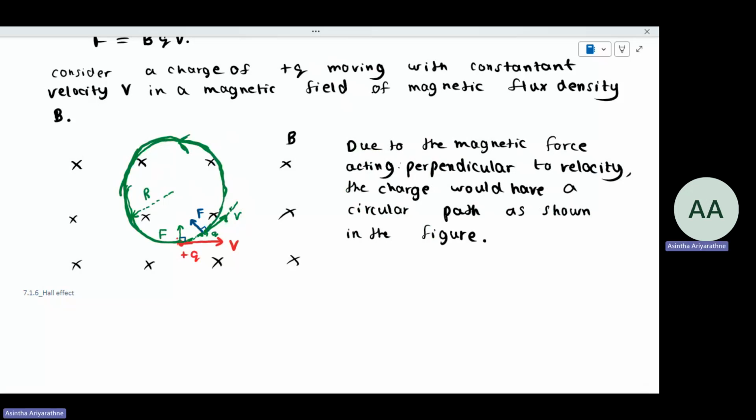This magnetic force is always perpendicular to the velocity. So we know there is a force perpendicular to the velocity, and we can consider that as a central force. So the resulting motion would be a circular path as shown in the figure, right?